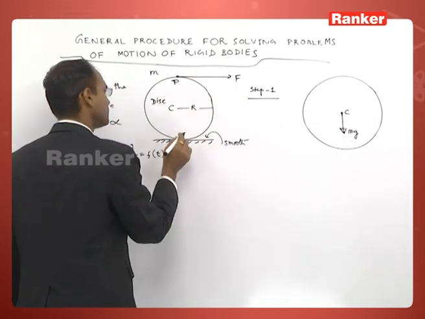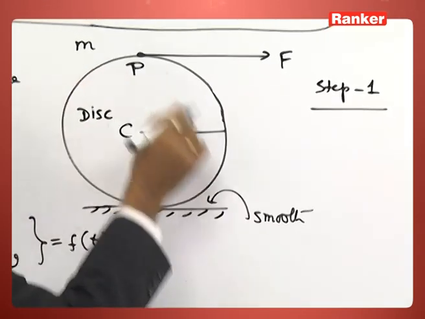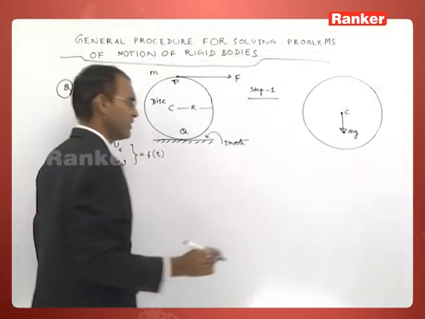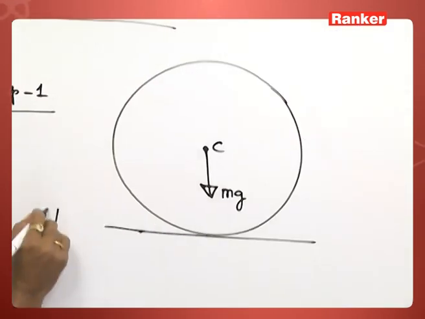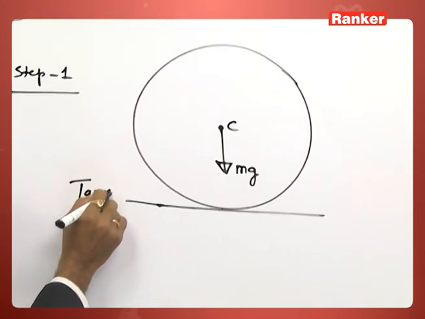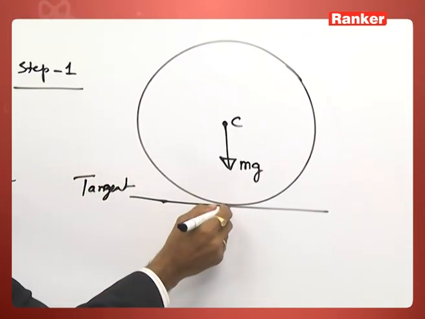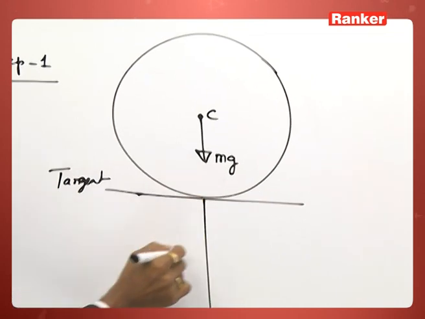And at this point, say Q, the disk is touching the horizontal floor. Therefore, this is the tangent, and this is the normal.